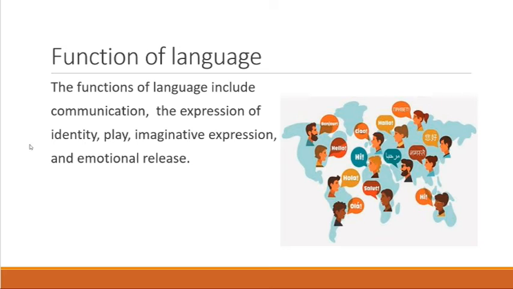Language is used to play. It means that it has duality. It can convey double meanings as well, and it is used for imaginative expressions. Something that is non-existent, we can use language to describe that, the imagination. And it is also used for emotional release.